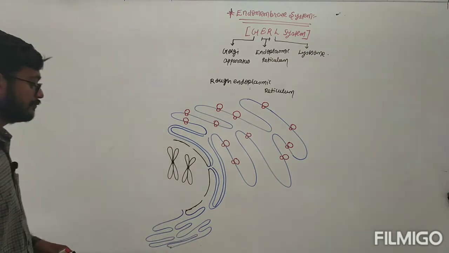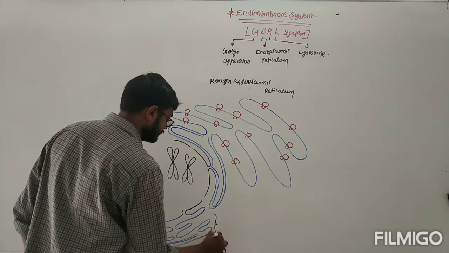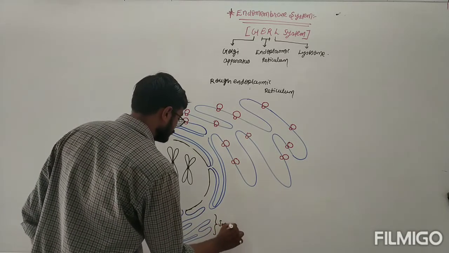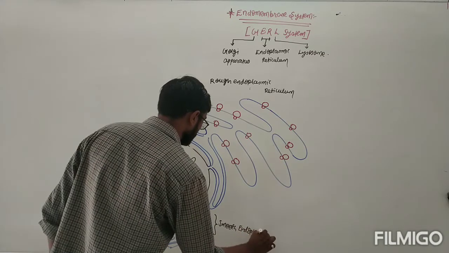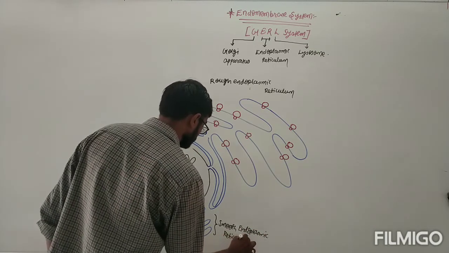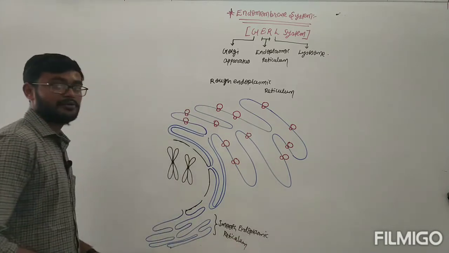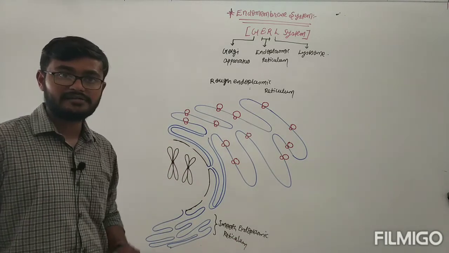This kind of reticulum is termed the smooth endoplasmic reticulum. This is the smooth endoplasmic reticulum, and this is the rough endoplasmic reticulum.